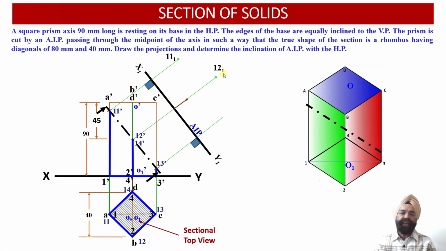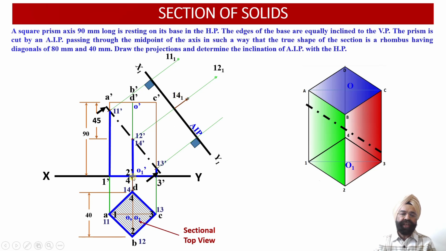Now the next point available with us is point number 14 over here. So we know that this is the distance of point 14 from the XY reference line. So from the projector which is originating from 14 dash, now we have marked the same distance ahead of the auxiliary inclined plane x1, y1, which is going to yield the point 14, 1 in the plan projection view over here.